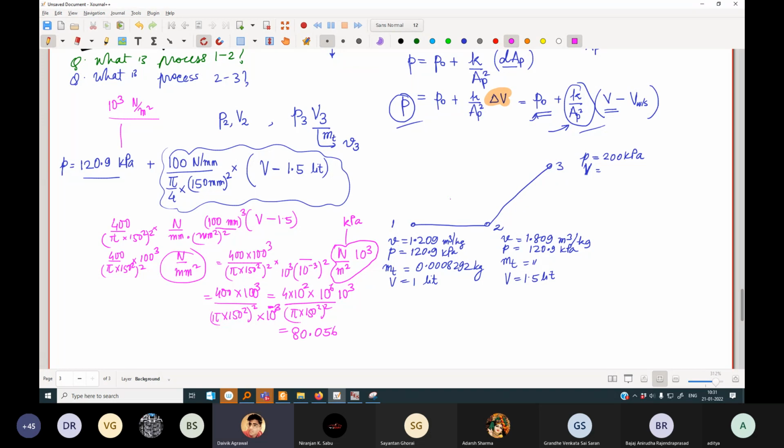So when we squared the area, I think we forgot to square the 4 also. The area is pi d square by 4, so there's a 4 missing everywhere. So there will be a into 4 over here as well, right? Yes, sir. Okay, so 320.22.